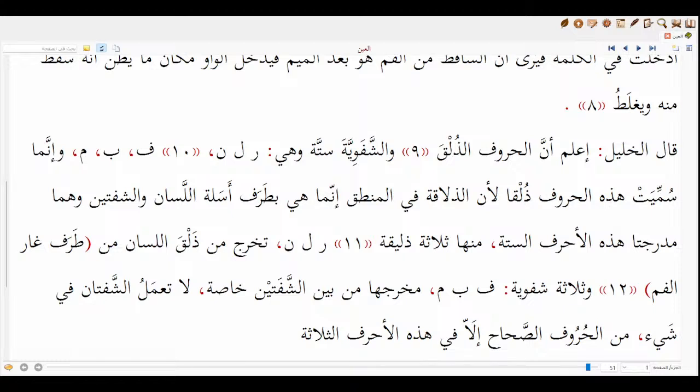وهما مدرجتا هذه الأحرف 6, and these two, meaning the tongue and the lips, are... now is this mudraja or madraja? Let's see what the word madraj means.